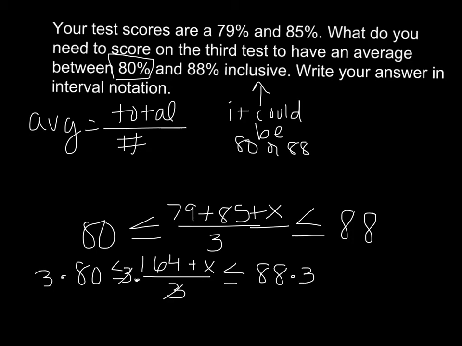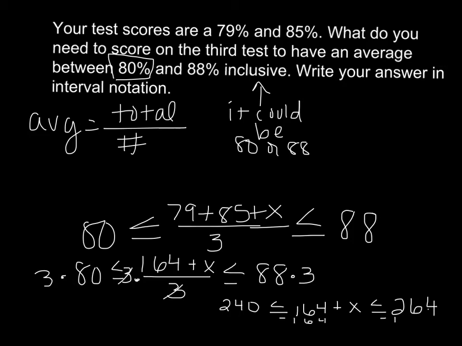Now remember, you could have multiplied by 3 first. It doesn't matter. Okay, so that gives you 240 is less than or equal to 164 plus x, which is less than or equal to 88 times 3, which is 264.